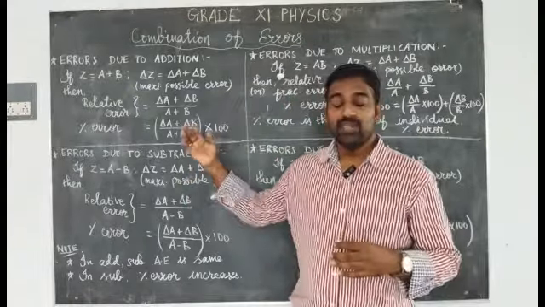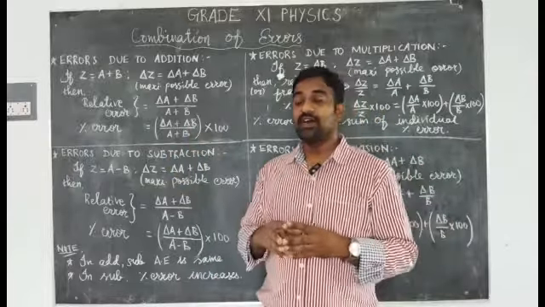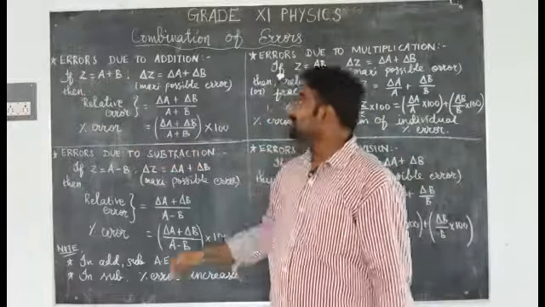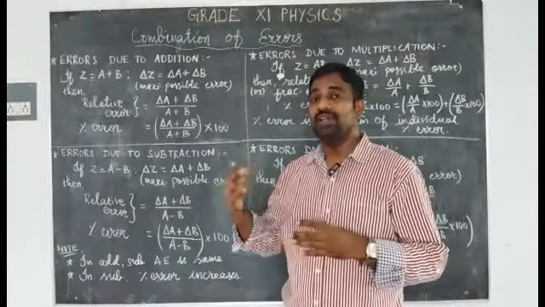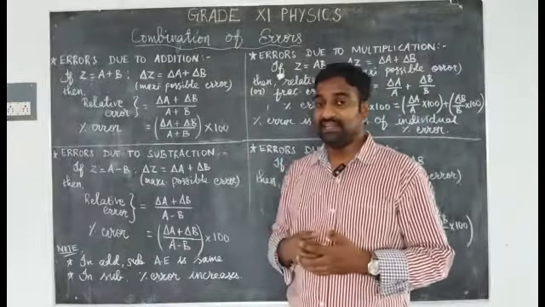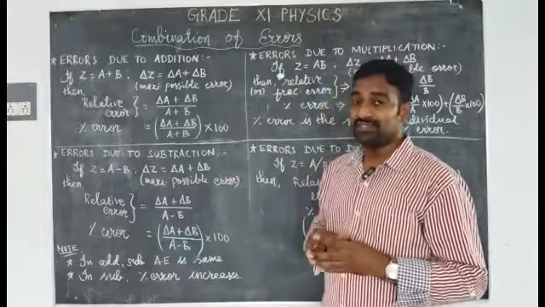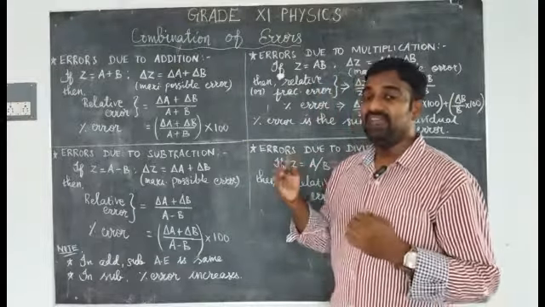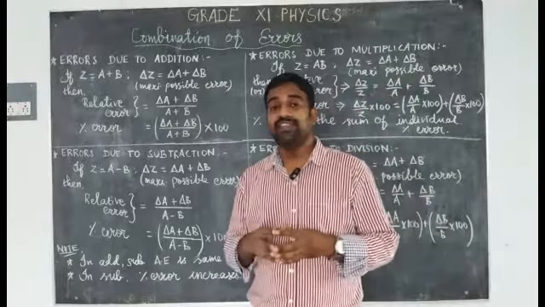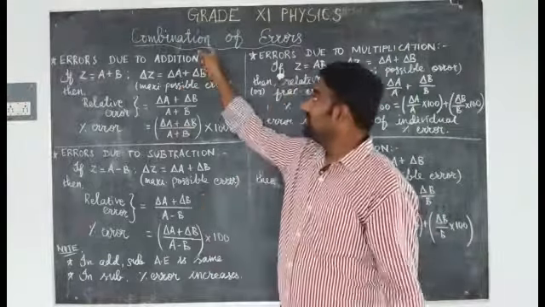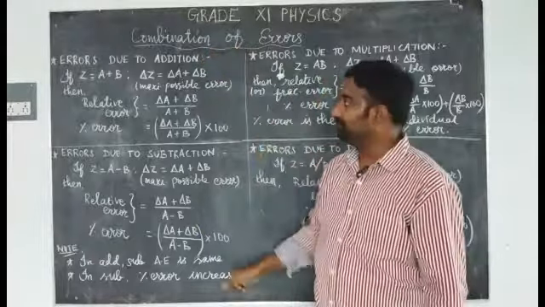Once again, we are going to check the other combination of errors. So the next topic is combination of errors. In a particular measurement, we should consider all the errors, as I said already. How to check all these errors, how these errors are involved in various calculations, and how to find the value of the particular errors is what is called combination of errors.